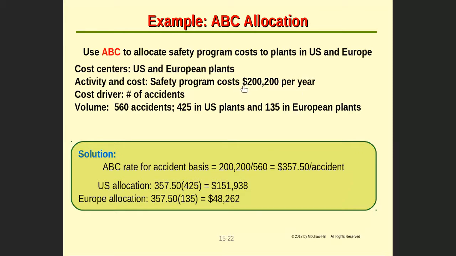Basically, you divide the 200,000 over the cost driver to find the factor that is used to multiply with the current number of accidents on each alternative or each option you have.